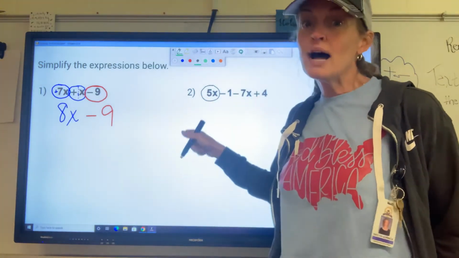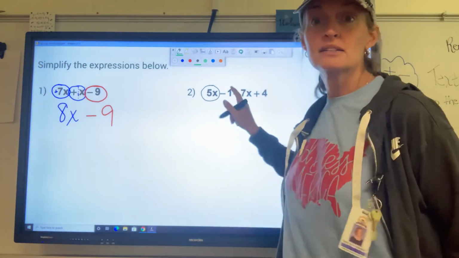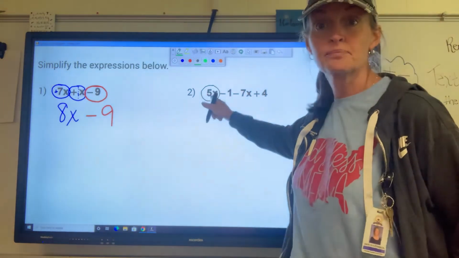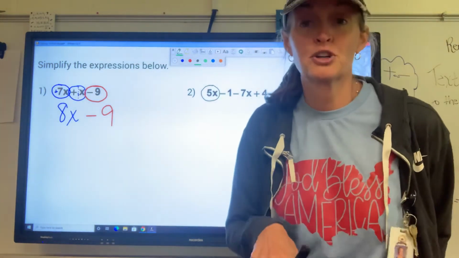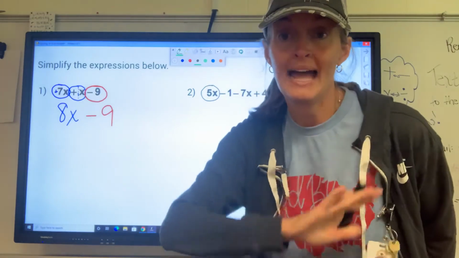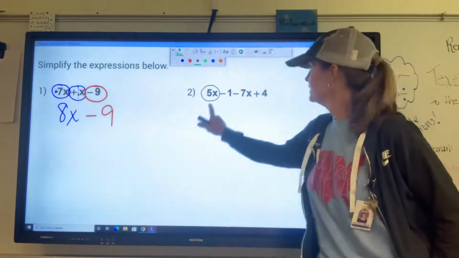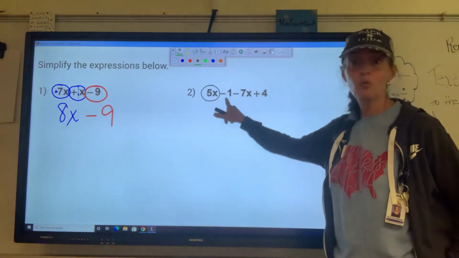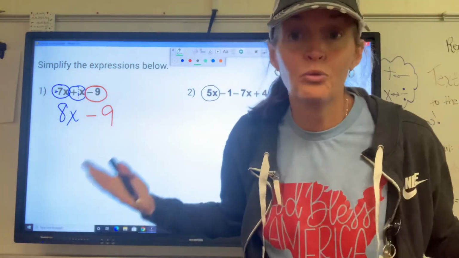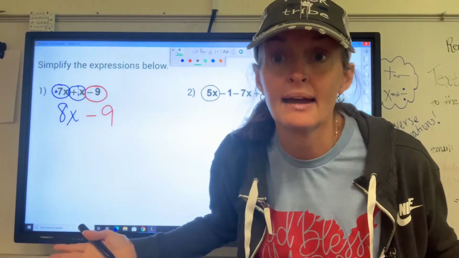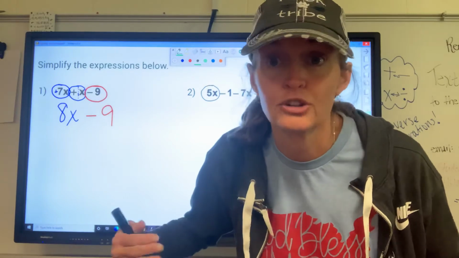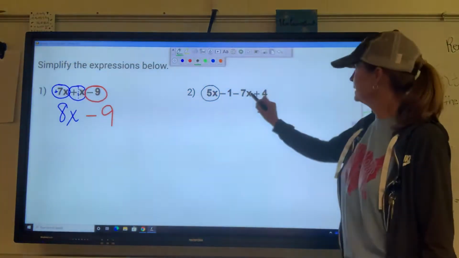Now remember, what am I looking for to see which ones look like 5x? I'm looking for all the other terms that have one single x in them. So this is a 5x, that's a -1. I don't want -1. What's it missing? It does not have an x. I'm not taking it in the circle. But -7x.